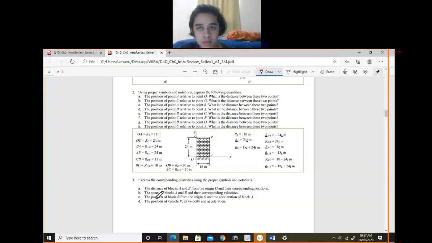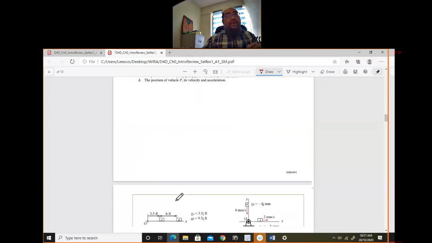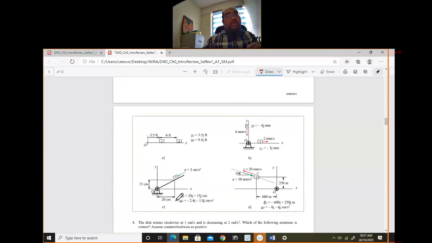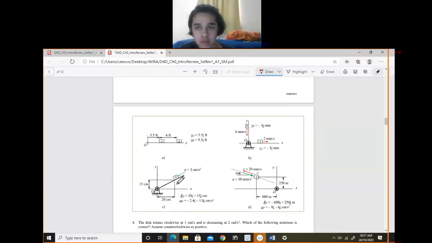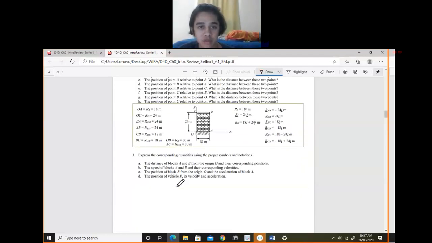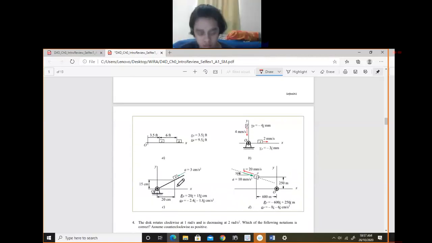Oh, berapa minit? Gambar dia kat bawah. Yang C, yang incline tu. Block A tak ada. Dia tanya block B, lepas tu block C, block A. Dia tanya acceleration block A. Okay, block A tak ada, dia tertinggal lah.